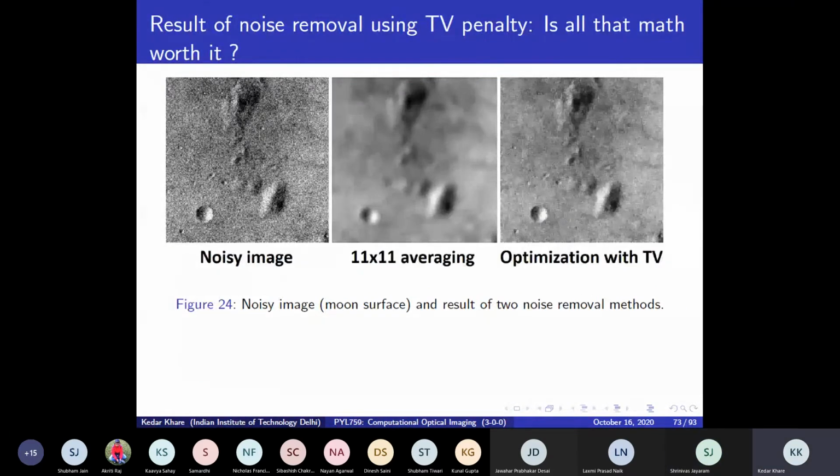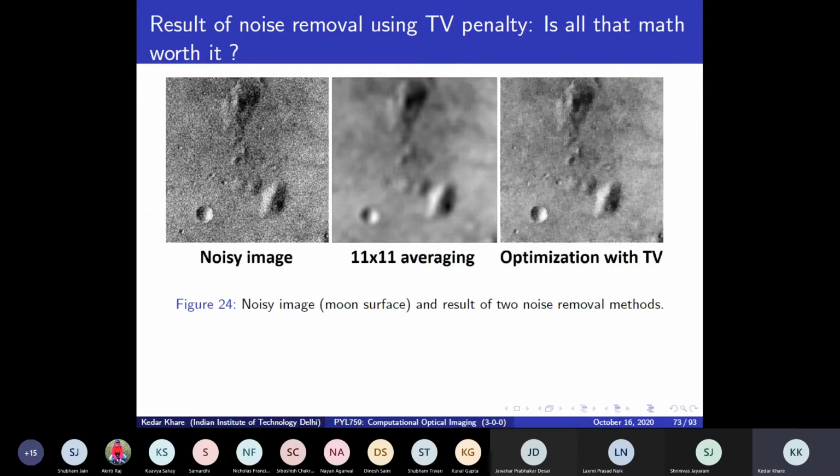So, when you put this together, this is the result I get. I'm still yet to discuss the issue of selection of alpha, but already you can see this result I showed you last time at the end of the class. You have a noisy image.